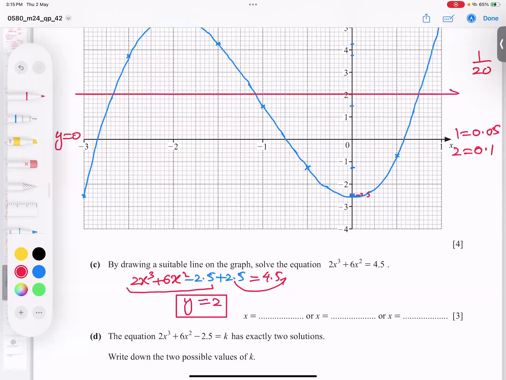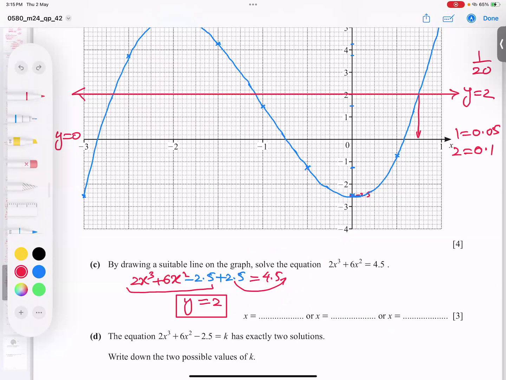Now this equation, the line y, I have plotted, I have drawn, okay? Now, students, whenever the word solution comes, it means x values: the first x, second x, and third x. It will check where this red line cuts the blue curve. So come down. What is this point?